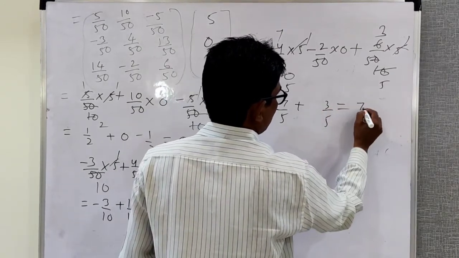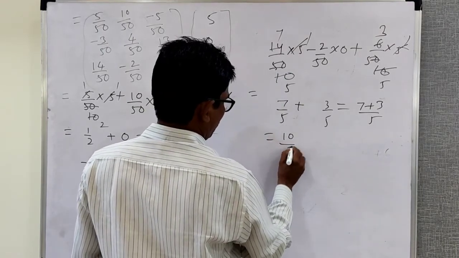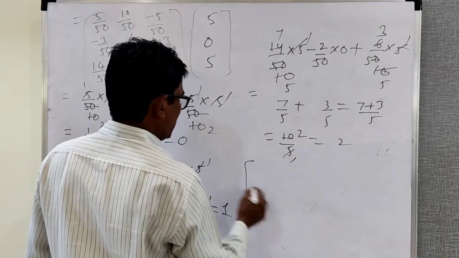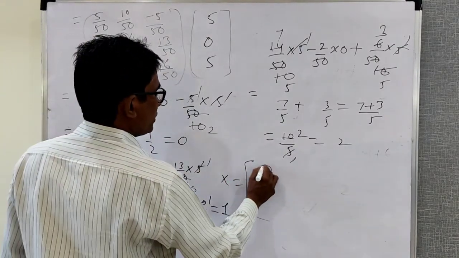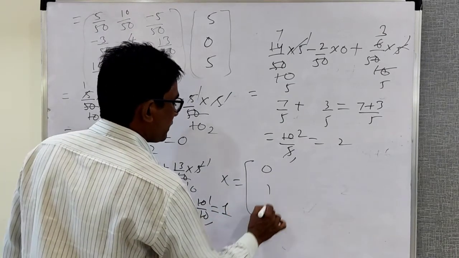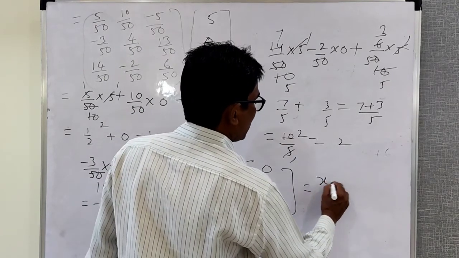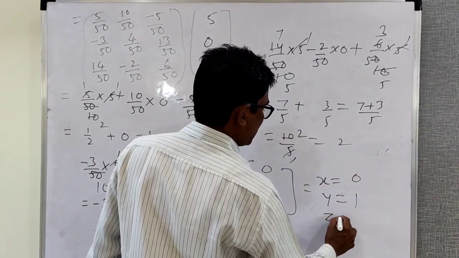So it is 7 plus 3/5 is equal to 10/5. 5 1s are 5, 5 2s are 10, is equal to 2. So we got x matrix as 0, 1, and 2. So here x is equal to 0, y is equal to 1, and z is equal to 2.